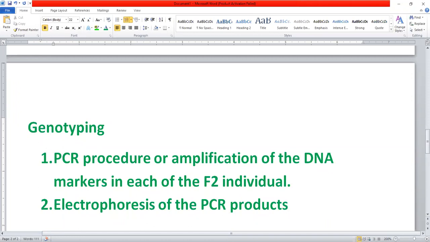If the size of the PCR product is less, it will move with greater speed compared to a PCR product whose size is more. After an appropriate time, the electrophoresis is stopped.